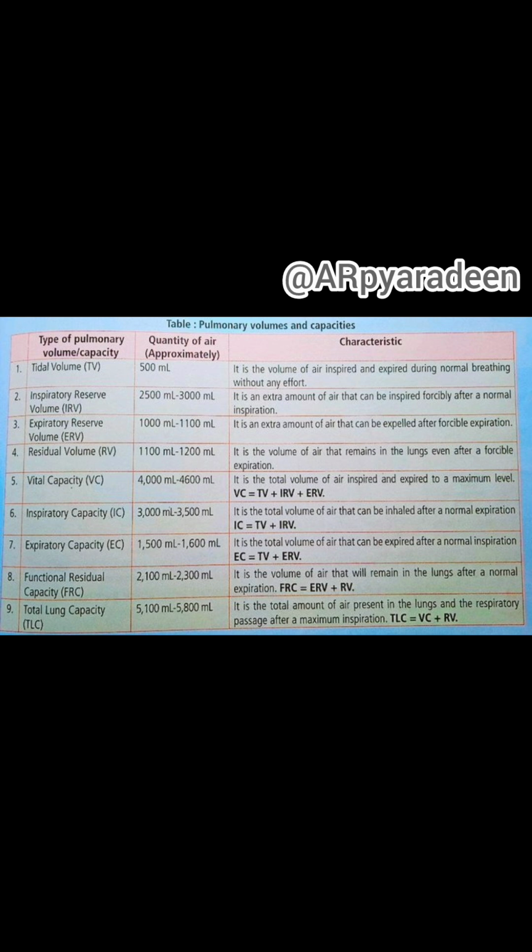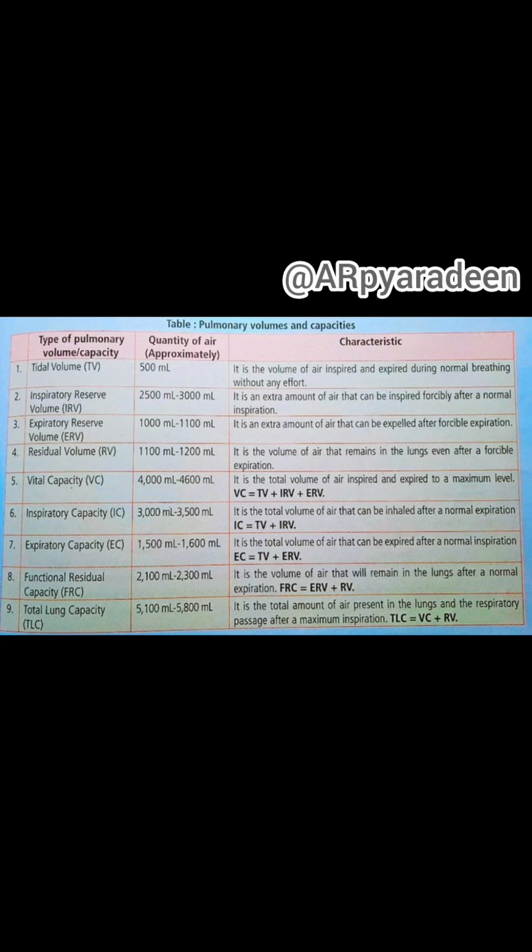Now we have some of the volumes and capacities which are used in the respiratory process.